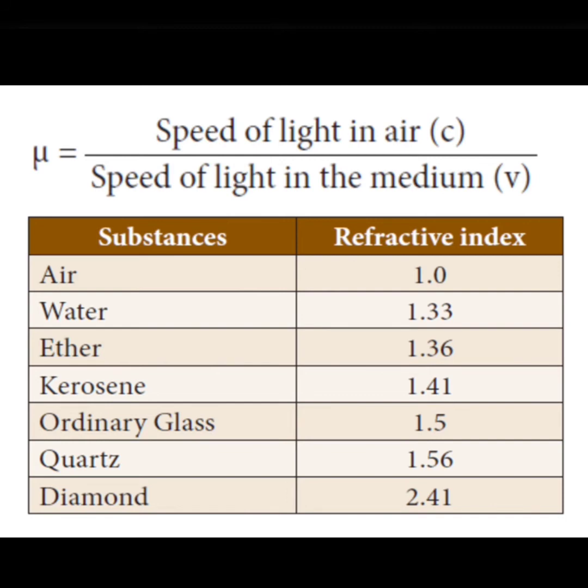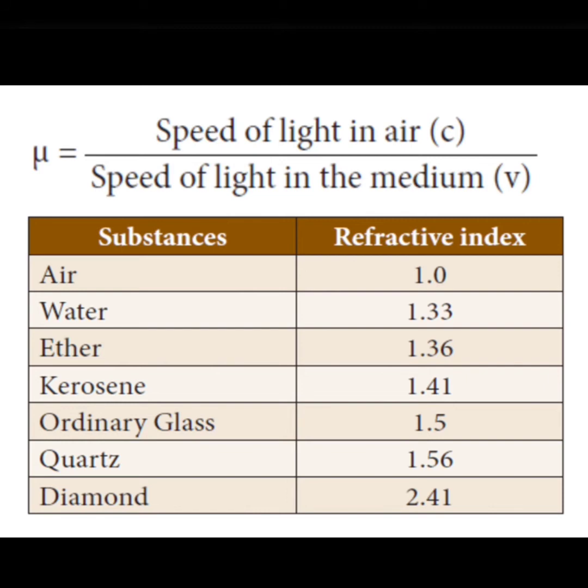So, the amount of refraction of light in the medium is denoted by a term known as the refractive index of the medium, which is the ratio of the speed of light in air to the speed of light in the particular medium. It is also known as absolute refractive index and is denoted by a Greek letter which is pronounced as mu.